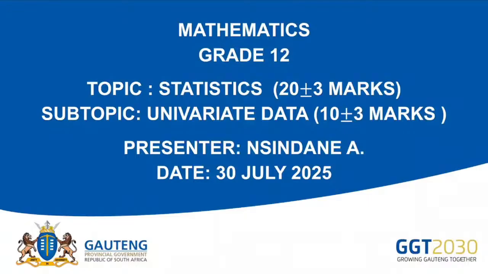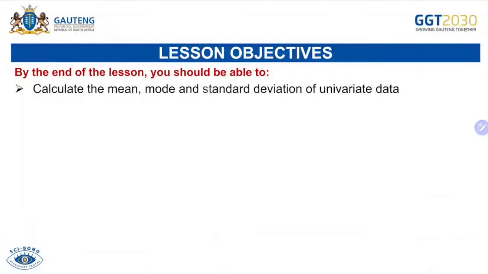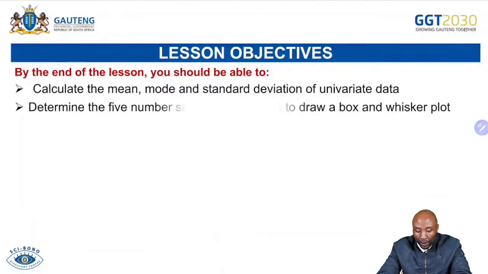Our focus today is statistics, and we are going to focus on univariate data analysis, which means it's one variable statistic. By the end of the lesson, we should be able to calculate the mean, the mode, and the standard deviation of univariate data. We should be able to determine the 5-number summary, and we use it to draw a box and whisker plot.